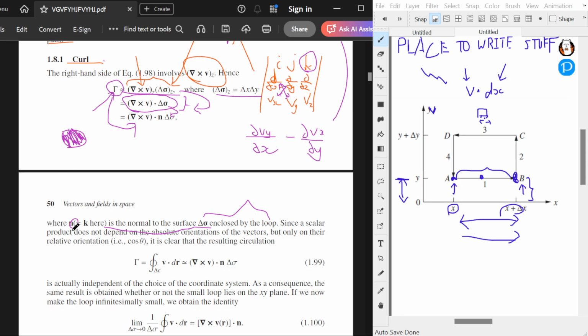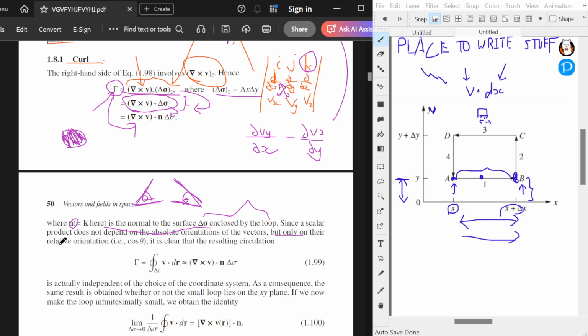Since a scalar product does not depend on the absolute orientation of the vectors, but only on their relative orientation. Like, even though these guys are oriented different, the scalar product is the same. It just depends on the angle and the lengths of these guys.